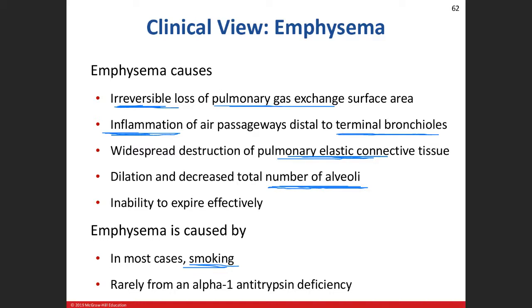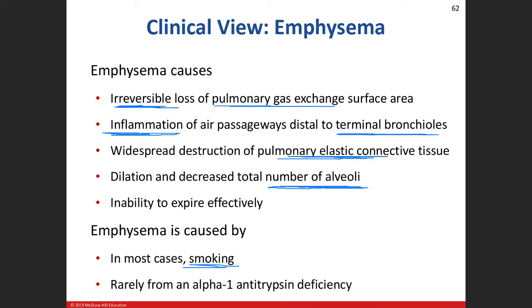So guess what we're doing? We're increasing our physiological dead space. That's what emphysema is going to do. That means you're going to have a smaller vital capacity, which is the total amount of air that can move in and out when you're taking deep breaths. But you'll also see your tidal volume decreases.